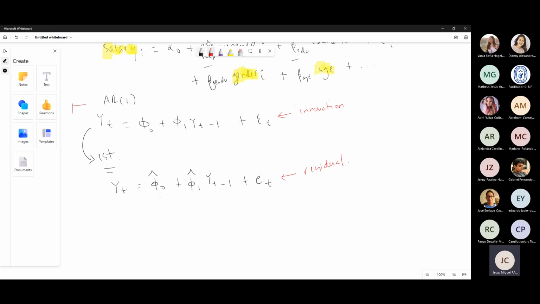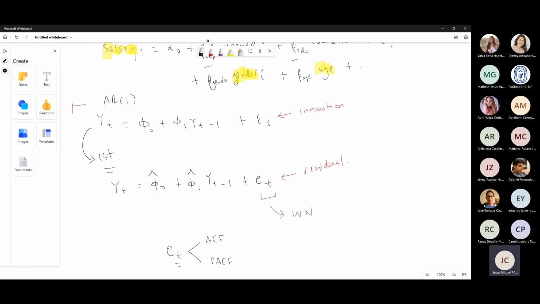What you need to check is if this guy is white noise. So you have to compute the ACF and the PACF of the residuals.